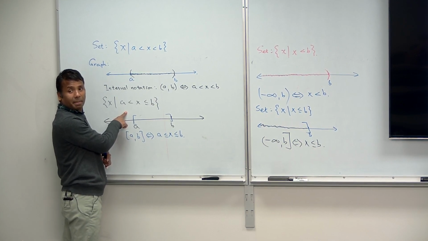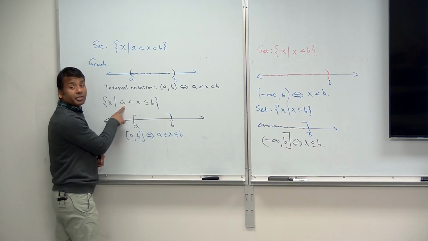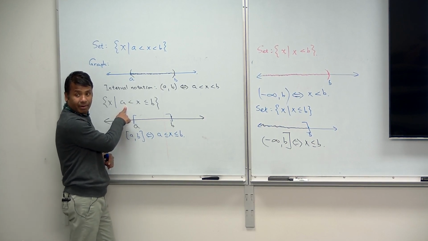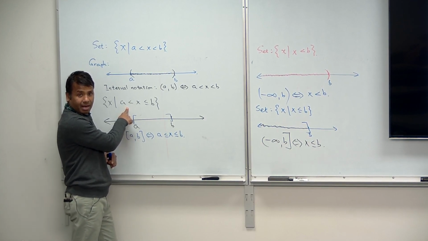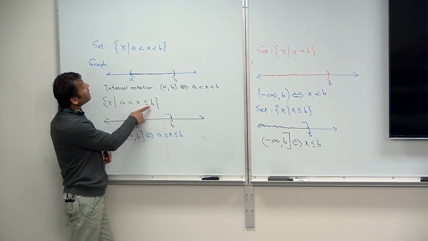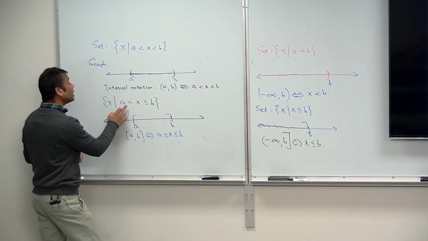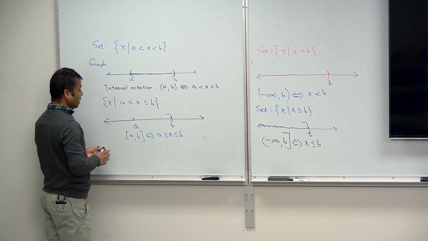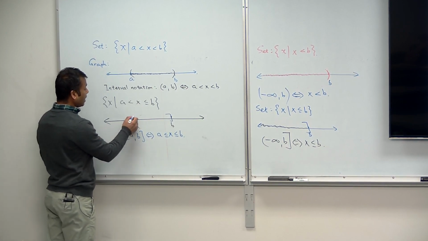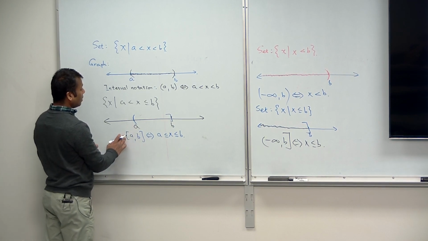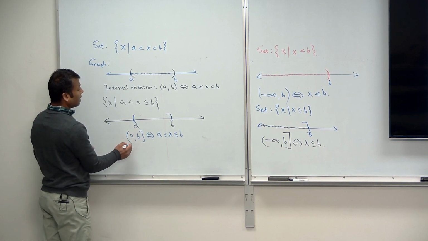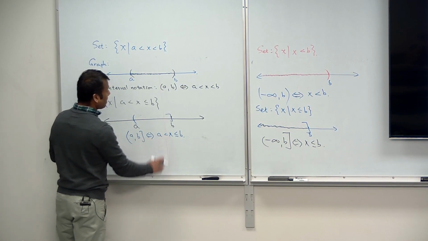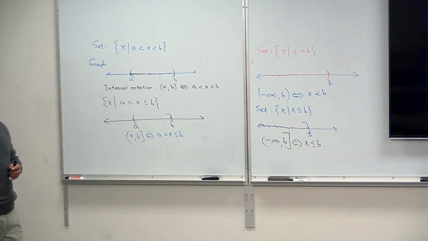You see that? x is strictly greater than a, right? And it is less than or equal to b. So now you see a is less than x, so you have to put parentheses here, you see? You put parentheses here, and you do something like this. Did you see that?